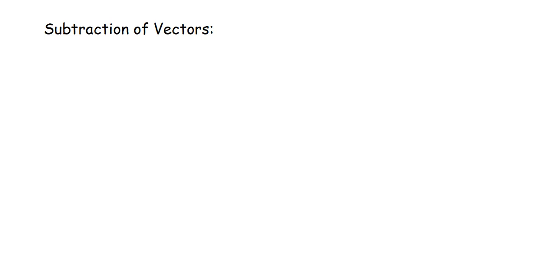Suppose that p bar and q bar are two vectors. How can you add them? Just add like this, p bar plus q bar.